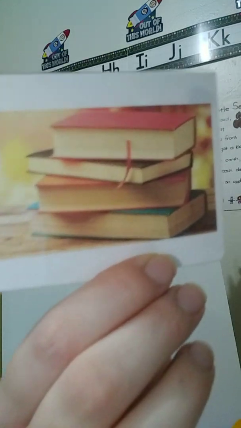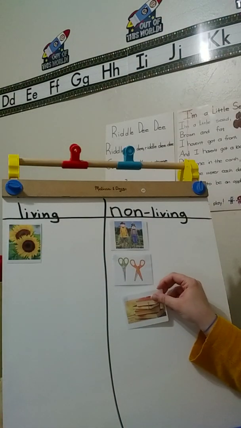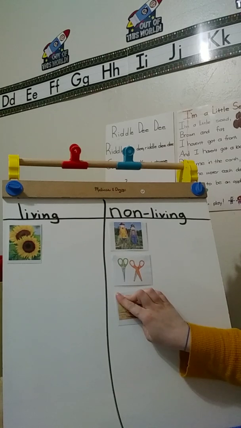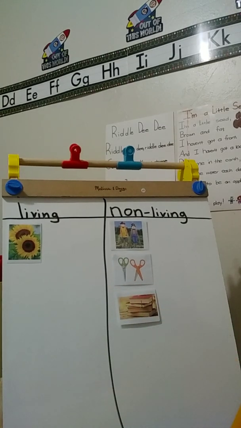What are these? These are books. As much as I love books, they're non-living. They don't grow, they don't move, they don't need air or food. It's just an object. So we're going to put it under non-living.